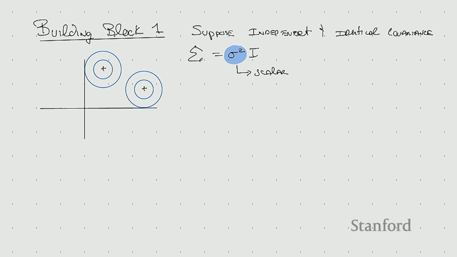You may look at this and say, these covariances are just circles. But I'm trying to emphasize what this restriction means. That circle is just parameterized by two things: the center, the mu, and then its radius.